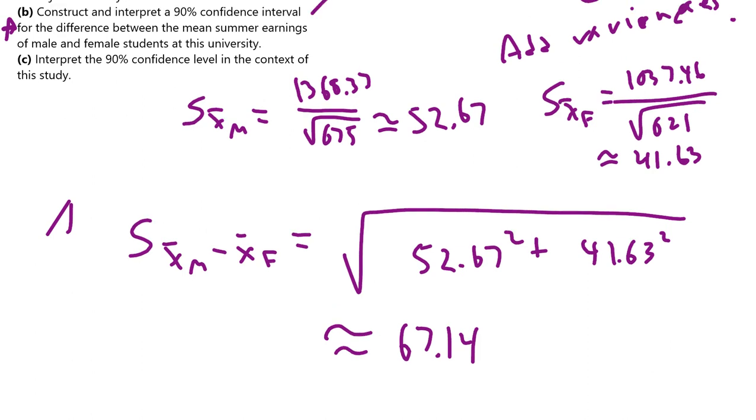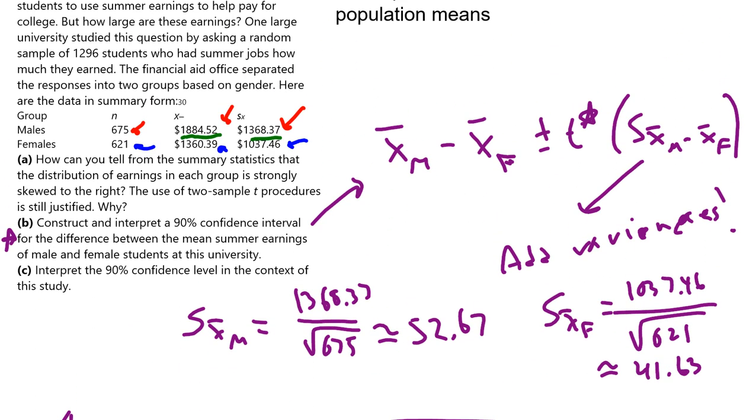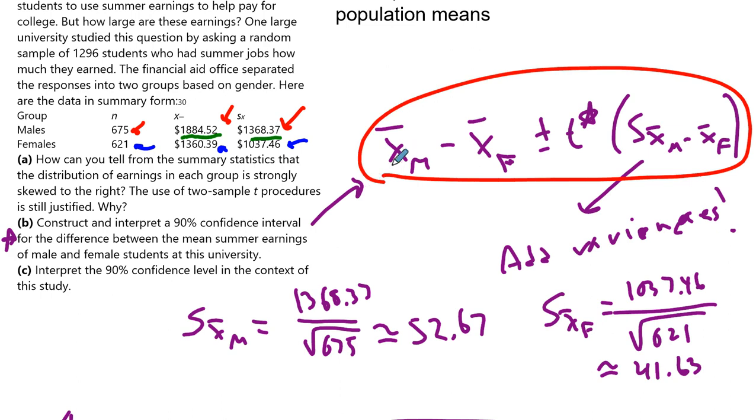So let's go back and look at the format of it again. It's this thing right here. So we need to do x bar males minus x bar females. So that's going to be 1884.52 minus 1360.39. You can see those numbers right there. If we subtract those, we get a difference of 524.13 plus or minus.